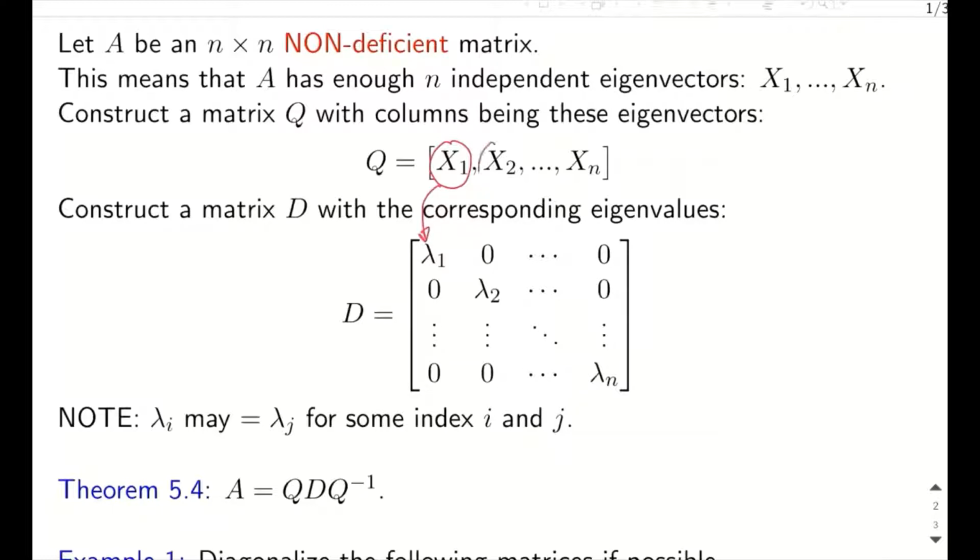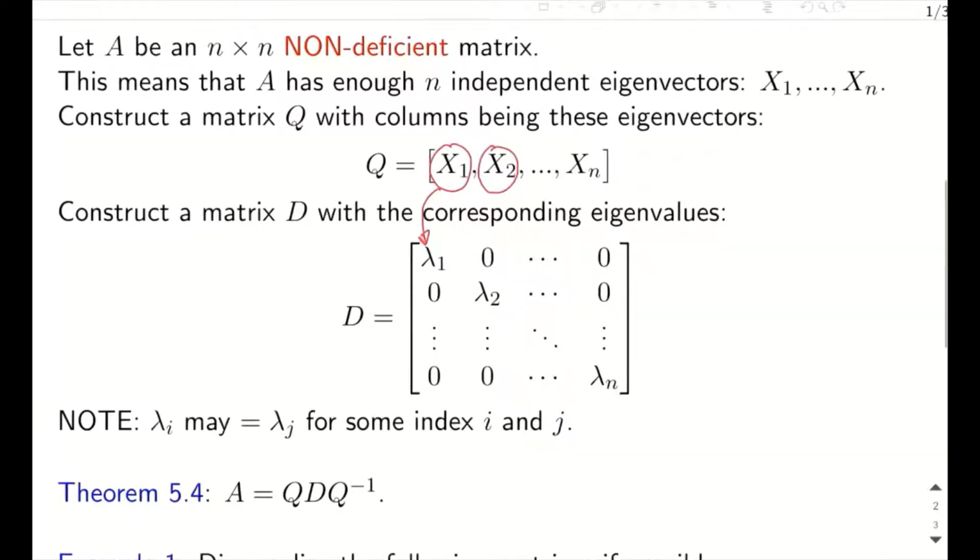If x2 is the second column of Q, then the corresponding eigenvalue of x2 is the second entry on the diagonal. And similarly, for the last xn, its corresponding eigenvalue is the last entry on the main diagonal.